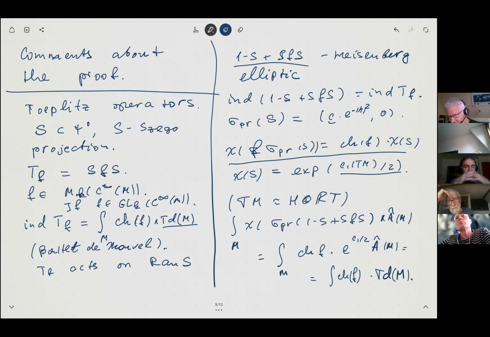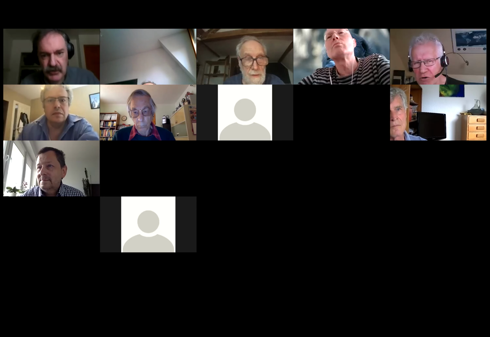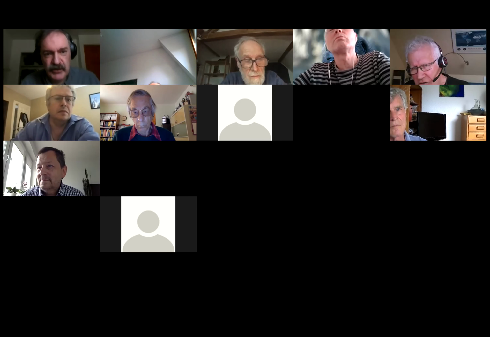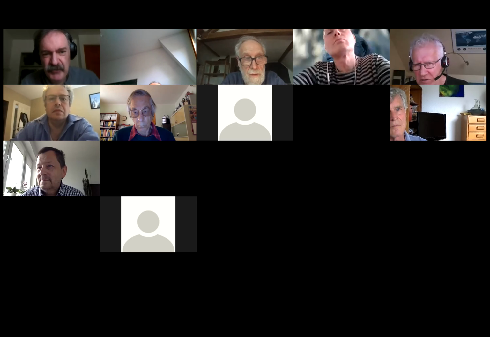Right. So the zero for the symbol is basically given by the pair of symbols, one for central character -1 and one for central character +1. And then when you write down your index, you just write down the cyclic.